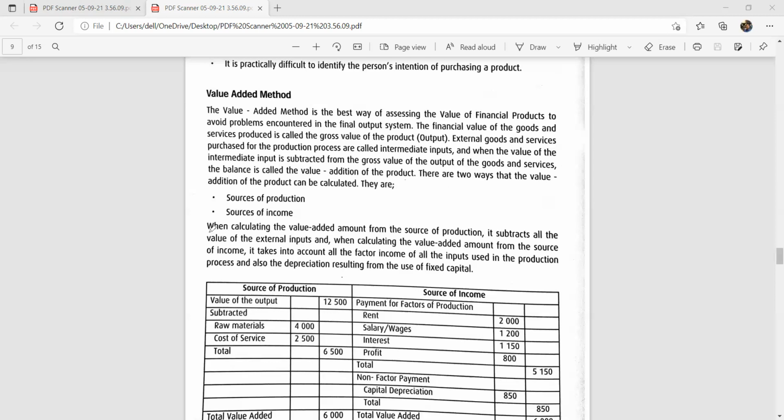So here, when calculating the value added amount from the source of production, it subtracts all the value of external inputs, and when calculating the value added amount from the source of income, it takes into account all factor income of all inputs used in the production process, and also depreciation resulting from the use of fixed capital.